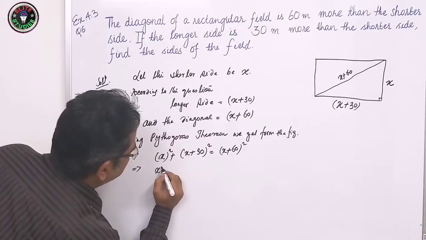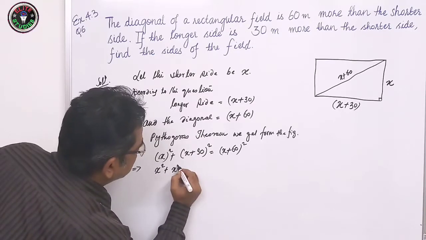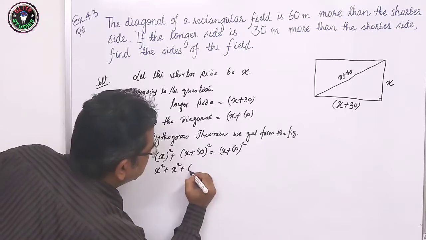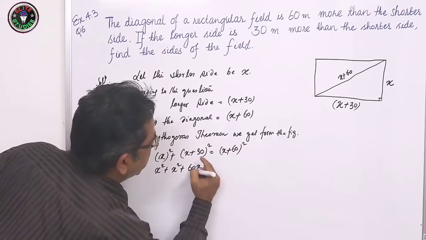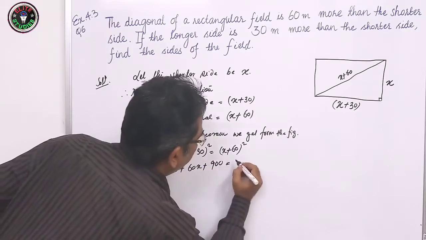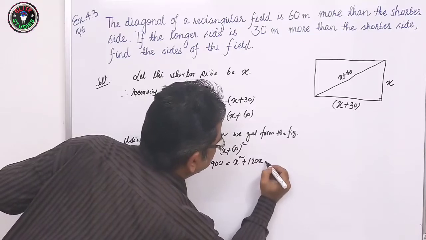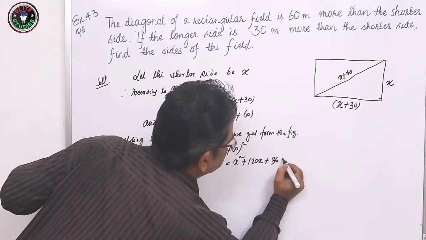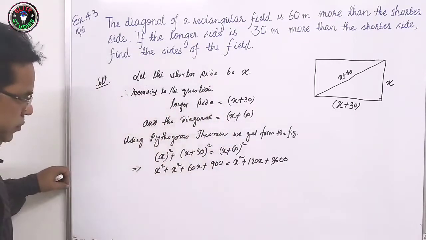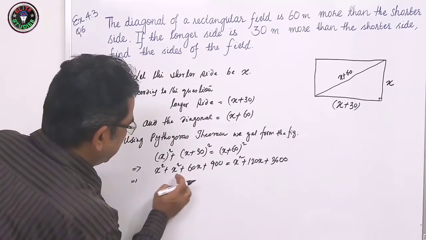Use the identity (a plus b) whole square. So x square plus 60x plus 900 will be equal to x square plus 120x plus 3600. Again you simplify. This x square will cancel.